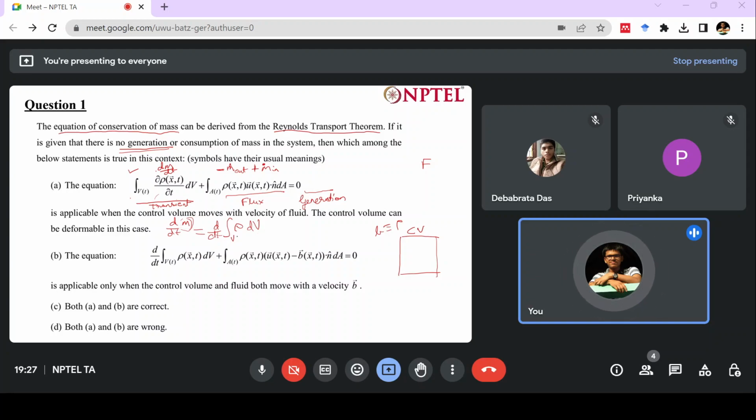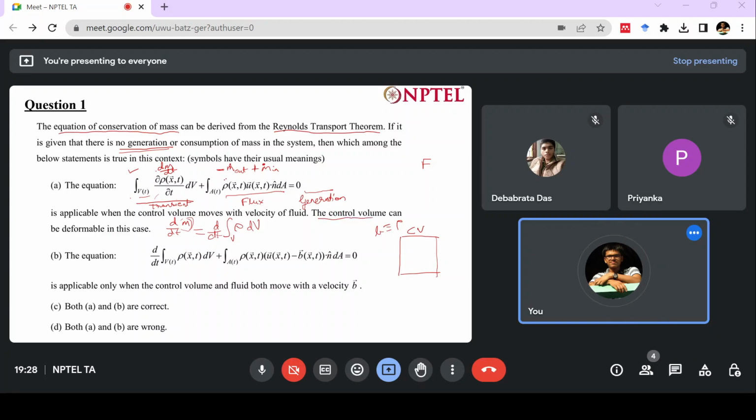If my volume is constant and does not change with time, like the control volume is not deformable, a fixed control volume, then I can take the differential inside. We have already taken this differential inside, which means we have used the assumption that the control volume is not deformable. So this second statement is false. The control volume cannot be deformable.